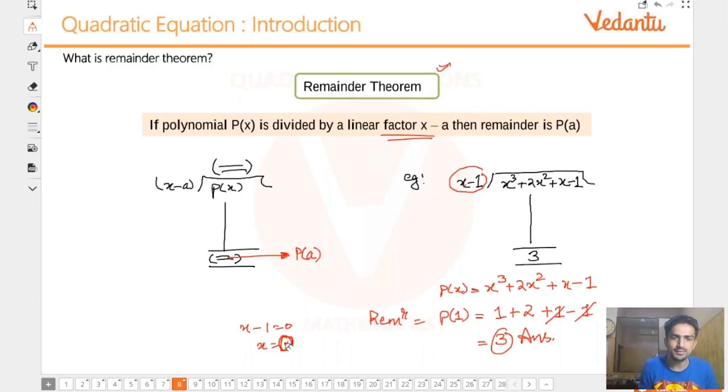So that is the remainder theorem. Whenever you divide p(x) by x minus a, the remainder will be p of a. What is this a? The value of x got by putting it equal to 0.